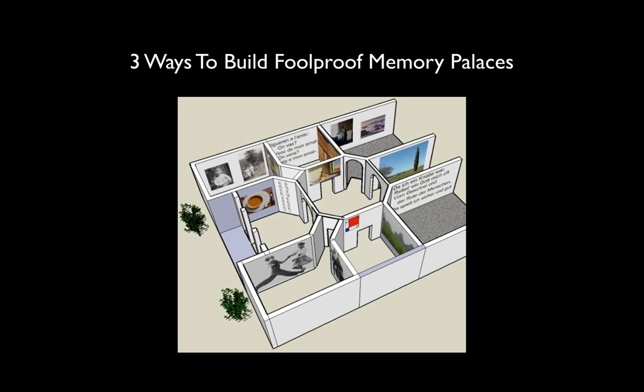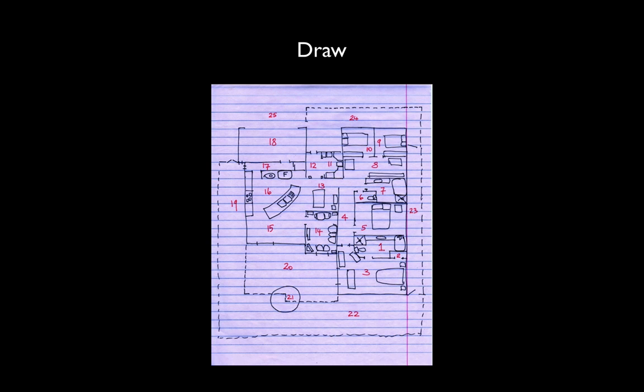So all of that said, I want to give you some very foolproof ways to make top-notch memory palaces, in case you're still wondering, well, how am I going to do this? First of all, I suggest you have a piece of paper, and you draw the memory palace out. Here's one from a student of the magnetic memory method, and he's done a really wonderful job.